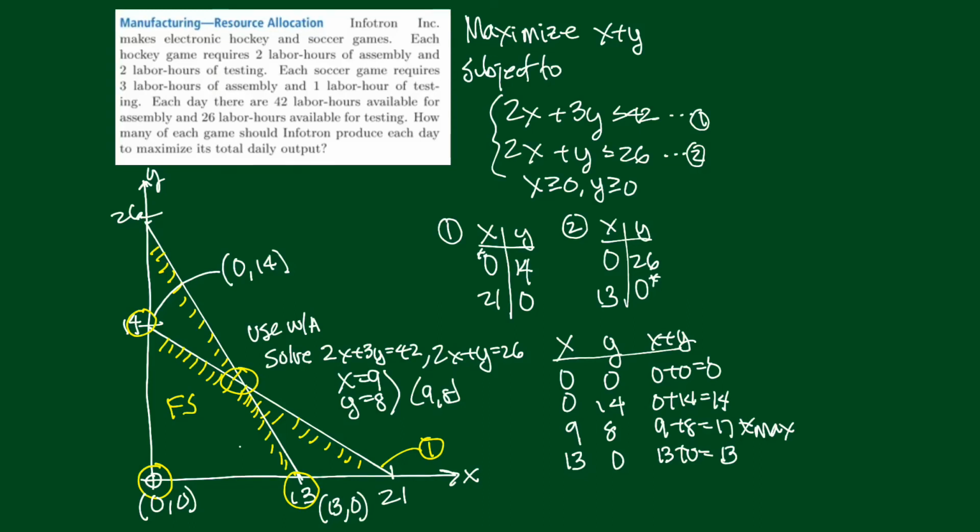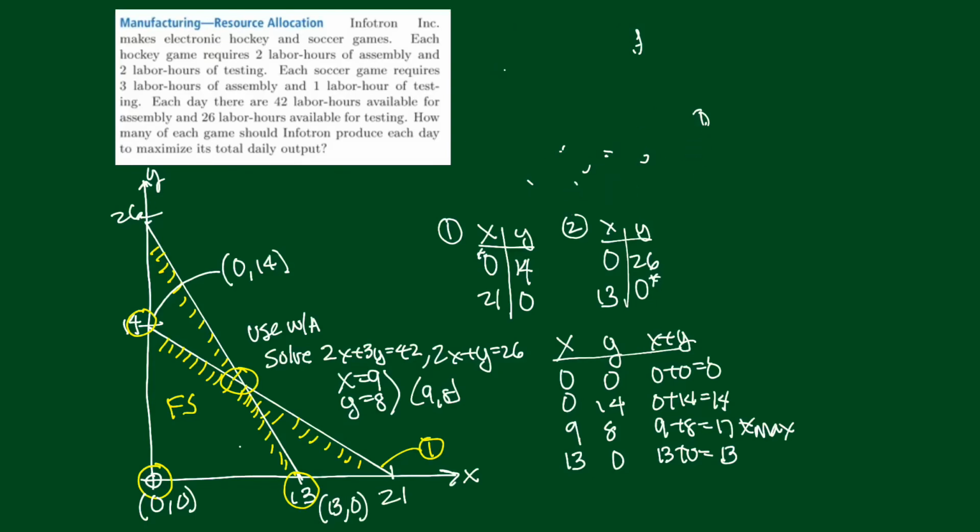So let's answer the question. The question is this: how many of each game should the company produce each day to maximize its total output? So I'm going to answer that question like this. I'm just going to get rid of this. We don't need that anymore. So I'm going to answer everything here.